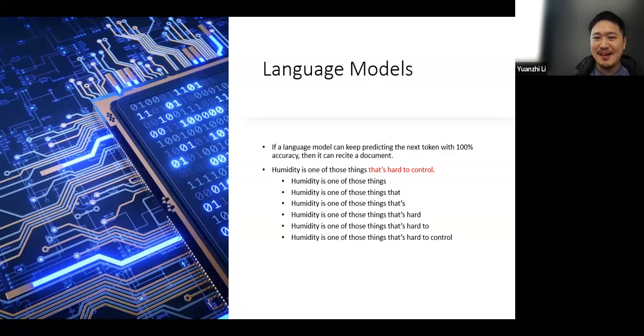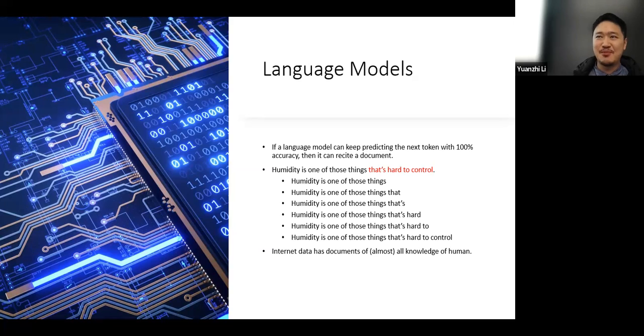For example, for this particular sentence, if the model can generate each next token with 100% accuracy, and can keep doing that operation, then it can recite the entire document. Going back to the Harvard example, if the model can predict the next token with 100% accuracy in the Harvard document, then it has memorized the Wikipedia page of Harvard University.